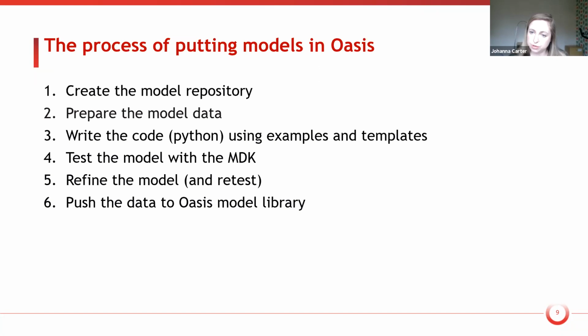You may find that you need to adjust your model, and so refining and retesting is part of the process. Then finally, once you're happy with it, you would push the data to the Oasis model library. So hopefully that gives you the context of what you need to do to get models into Oasis.